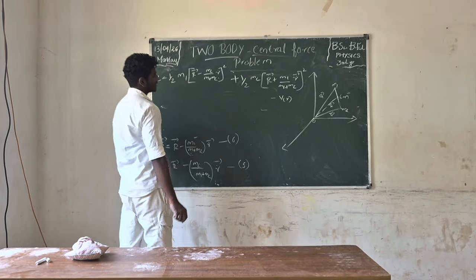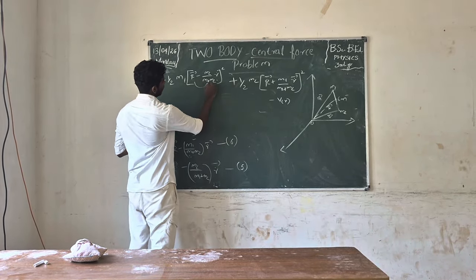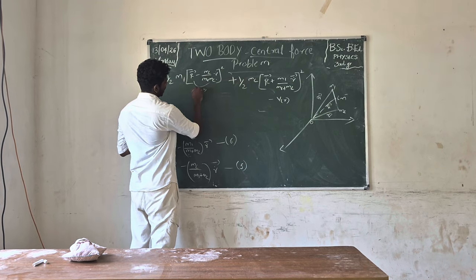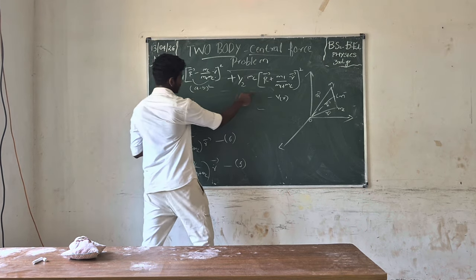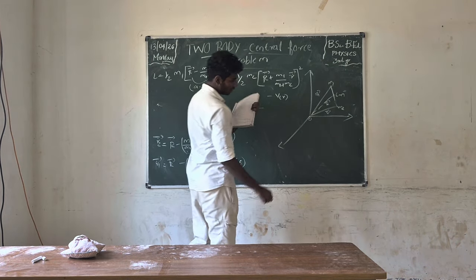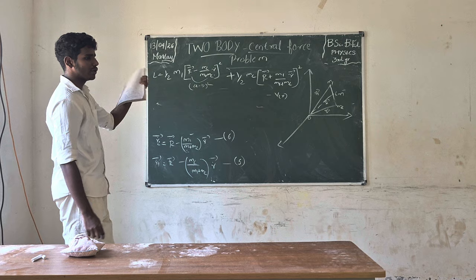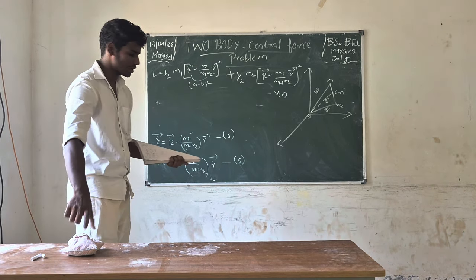So if we see carefully, this is of the form A minus B whole square, right? And this is of the form A plus B whole square. So what we are going to do is expand these equations.